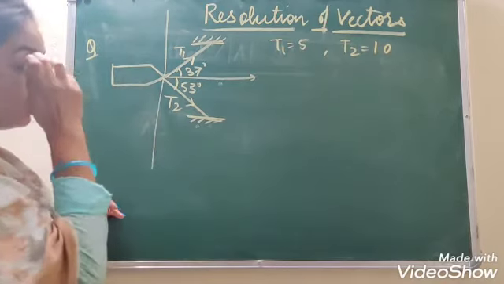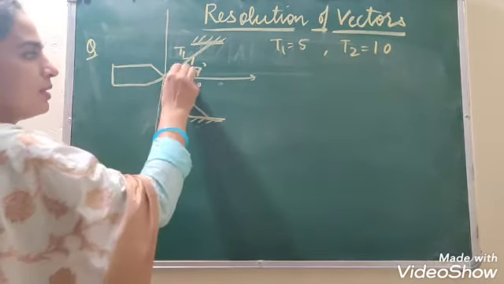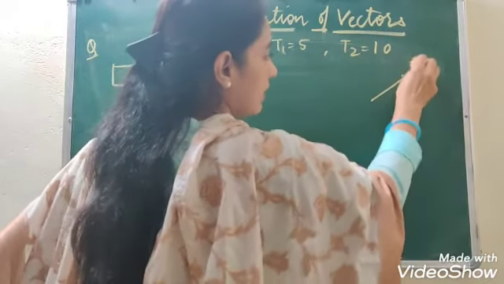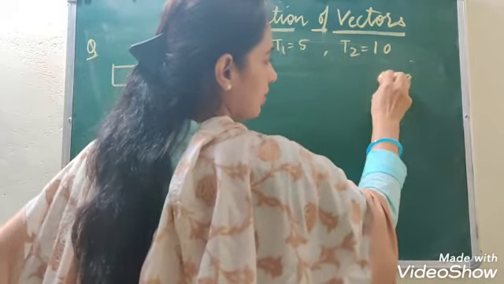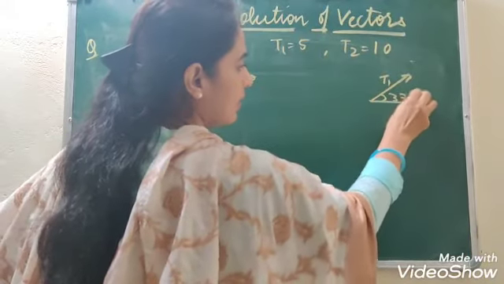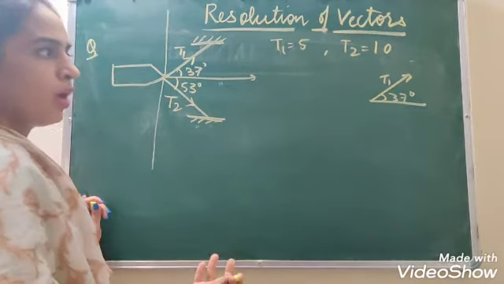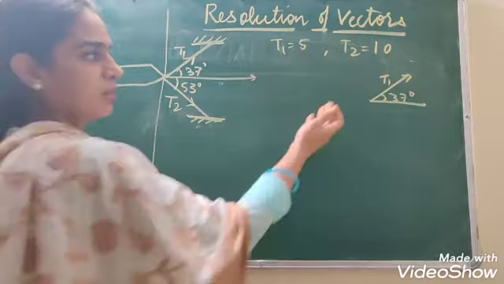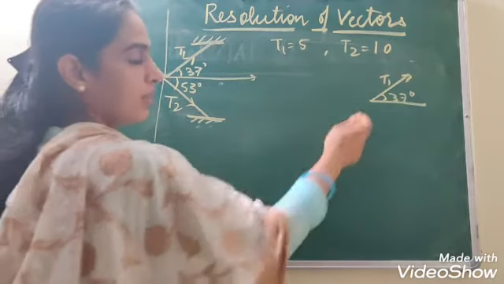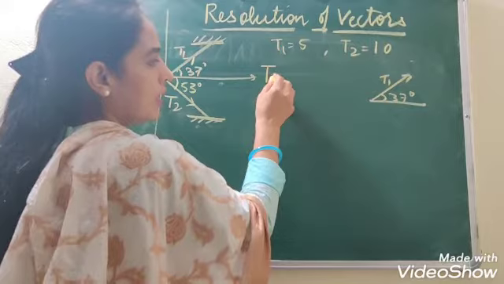So see, this is again simple. We can draw it separately. T1 is like this. This is T1. And this is angle 37 degree. So you just have to find the components of T1 and T2. T1 again has 2 components.